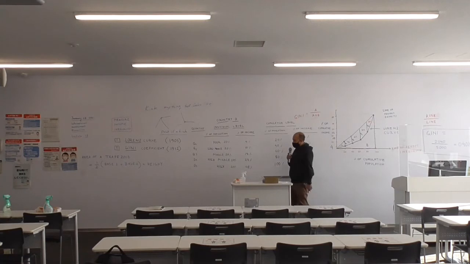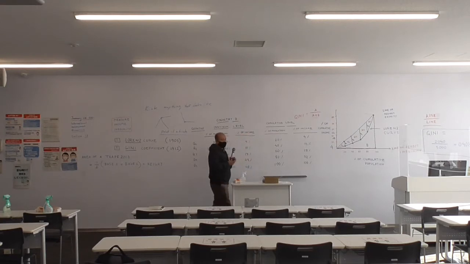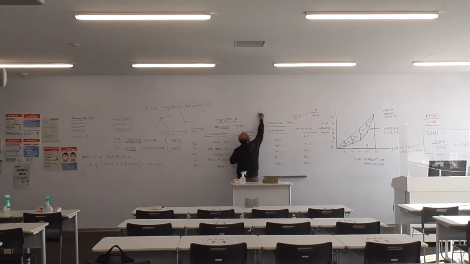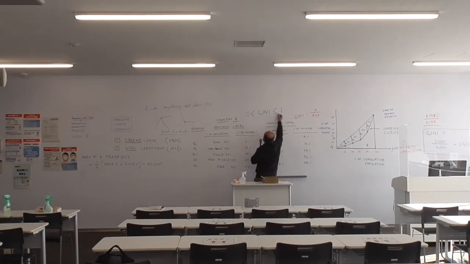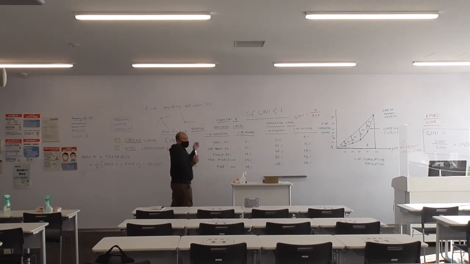The Gini coefficient itself is a ratio where the lowest it can be is 0 and the highest it can be is 1. So any country's Gini coefficient cannot exceed 1.